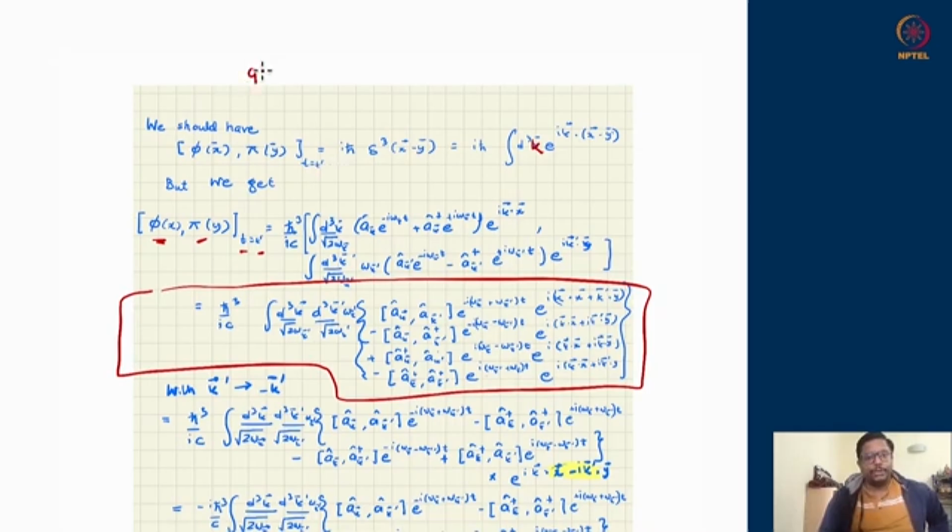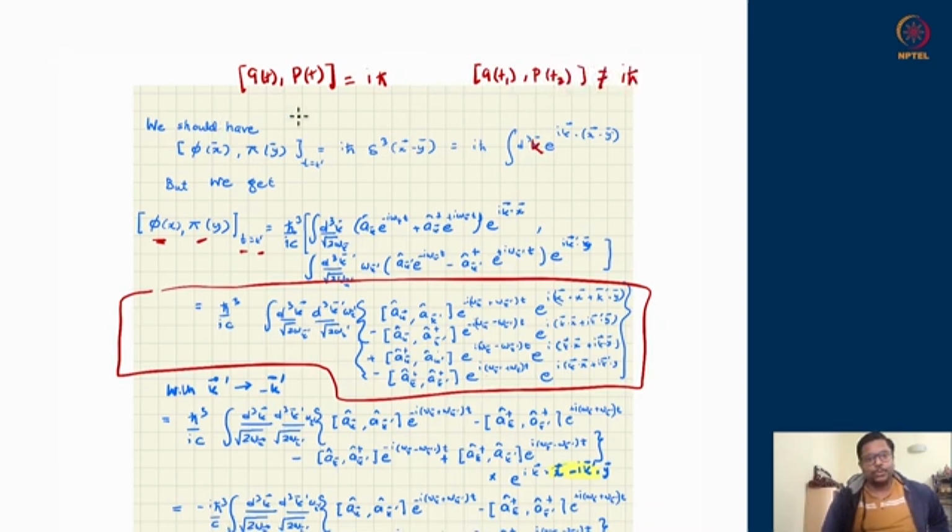Remember when we did the commutator of classical particles as well, the q and p are supposed to be at the same time, then only it becomes iota h bar. If q is at time t1 and p is at time t2, then you do not get iota h bar.